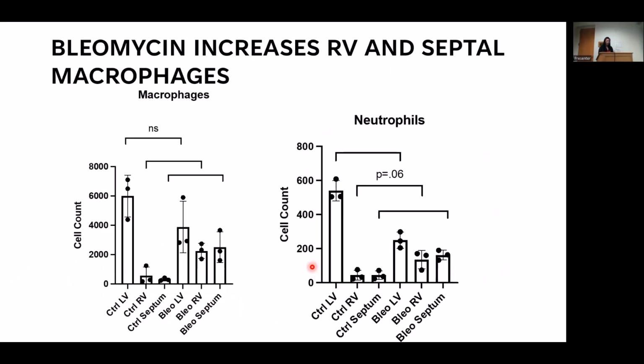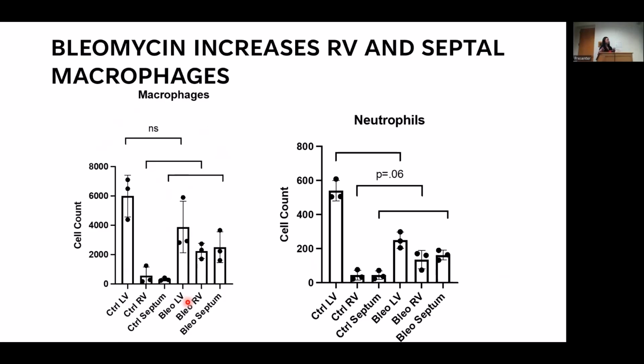In the studies that I've done on the bleomycin effect on pulmonary, right ventricular and septal macrophages, I'm getting even more granular, and I'm now dividing both the right ventricle and the septum from the left ventricle.